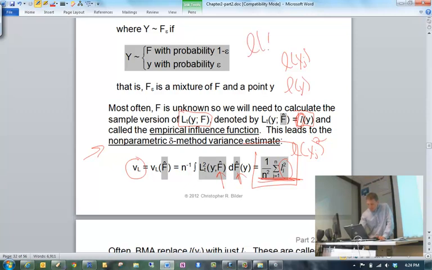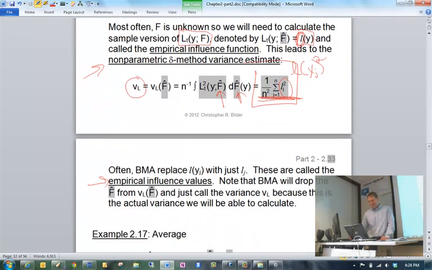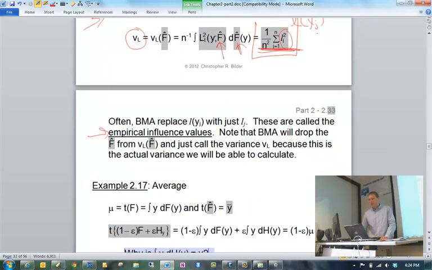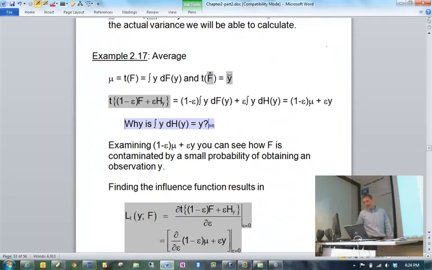This L of y_j squared is also known as an empirical influence value. The book will then use a script L, or I use a script L. They're the same exact thing. I guess before class I wrote that in there. I failed to say it.